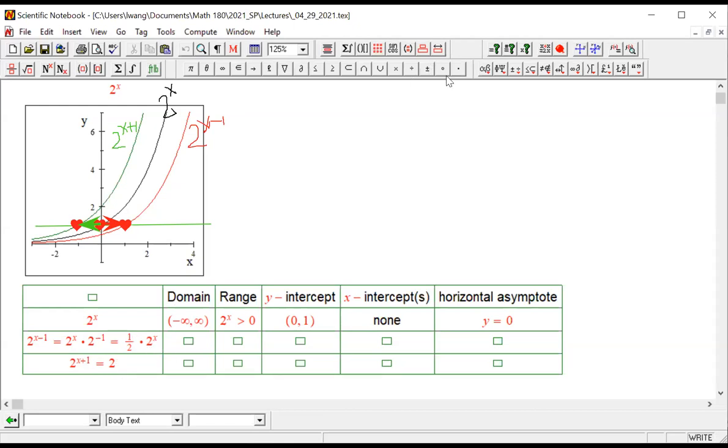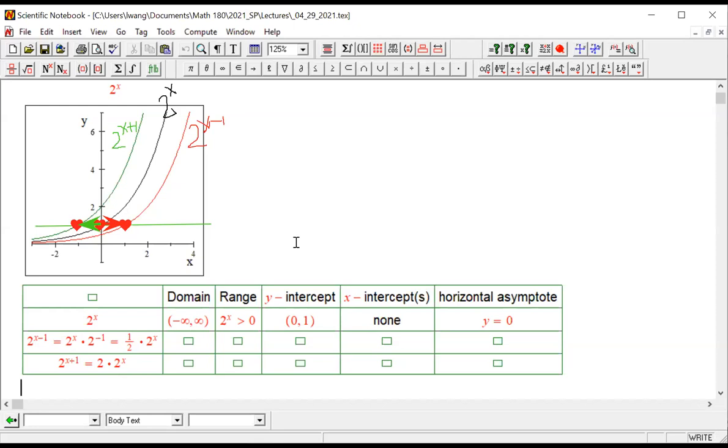So this is 2 times 2 to the power x. This one is actually two cases combined. On the one hand, it is shifted. On the other hand, it is also wider. Do you see that? It's a little bit wider. I just want to point out that specific perspective from the algebraic side, so we don't have to do this wider, narrower thing in this case.